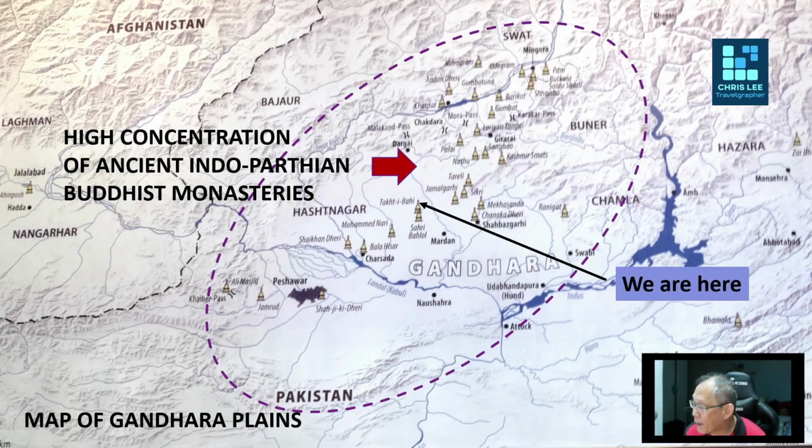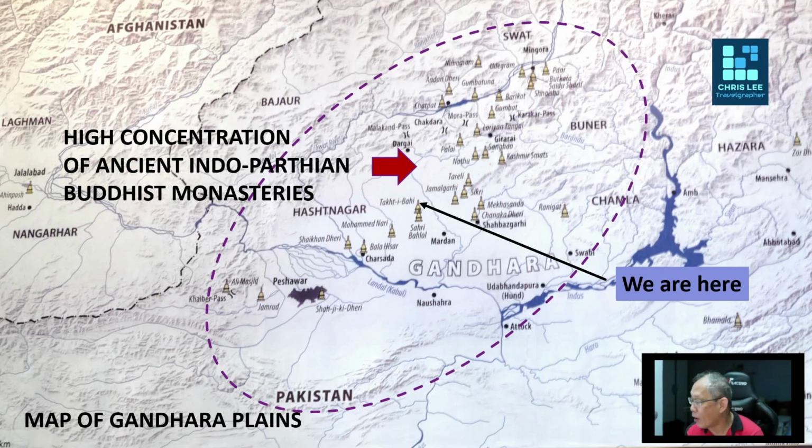And this is the map extracted from the Peshawar museum. You can see that Peshawar was just at the bottom of this circle area, and at the top section of it there are so many ancient ruins with a high concentration of ancient Indo-Parthian Buddhist monasteries.